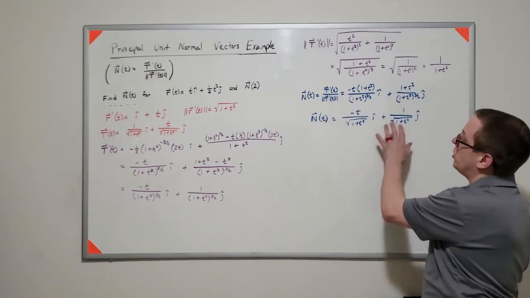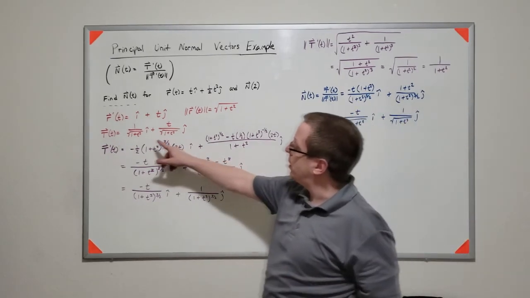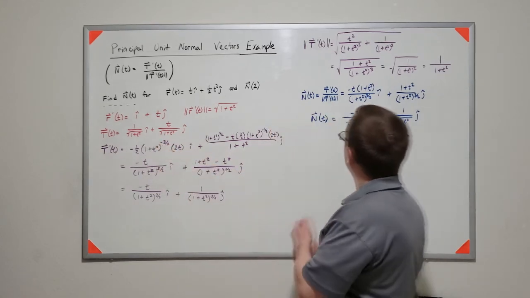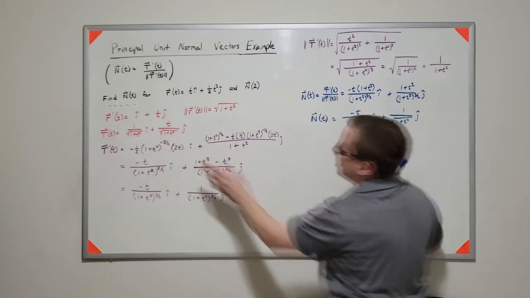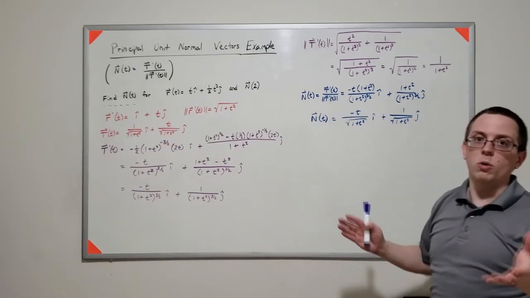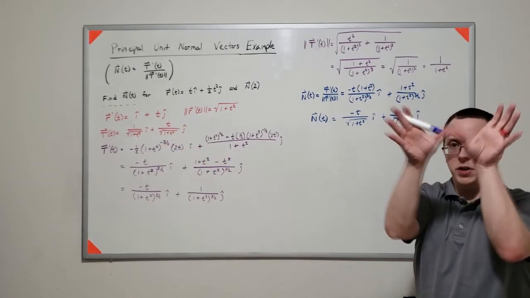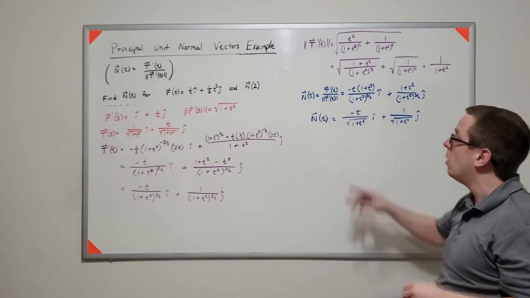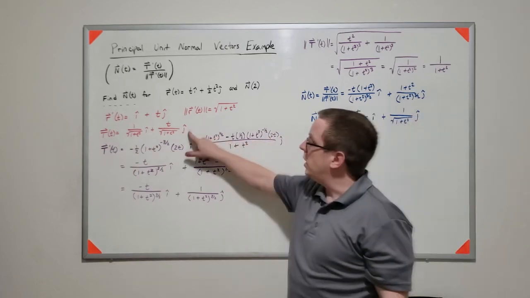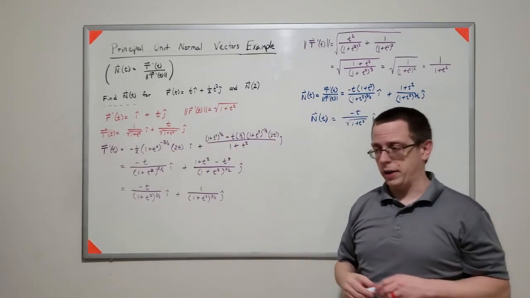And if you took this and dotted it with T, what you get on top is negative t plus positive t over 1 plus t squared on the bottom, but the top becomes 0. So we see that N and T are in fact orthogonal vectors.